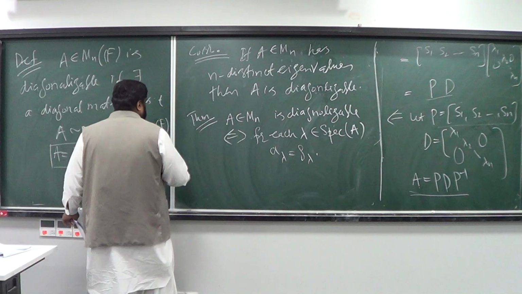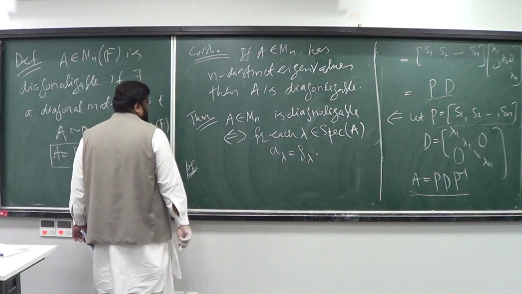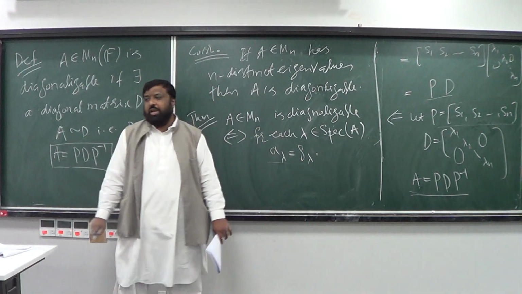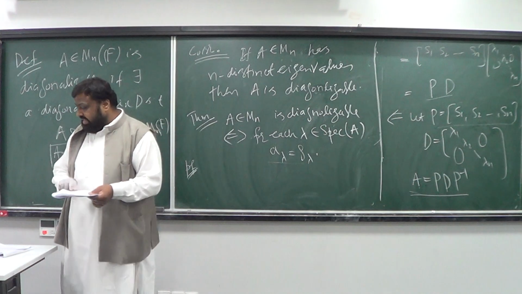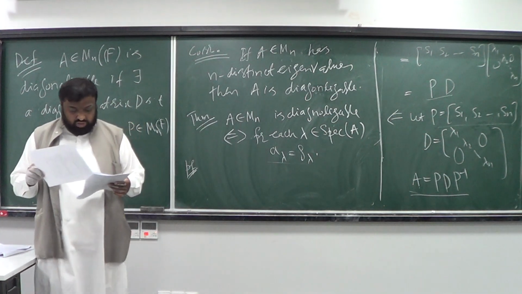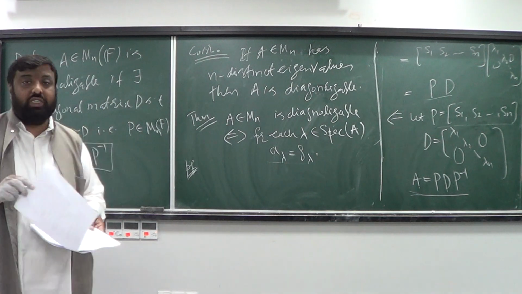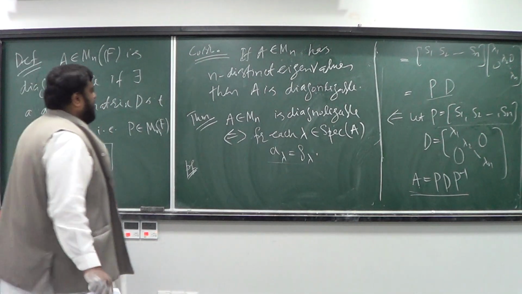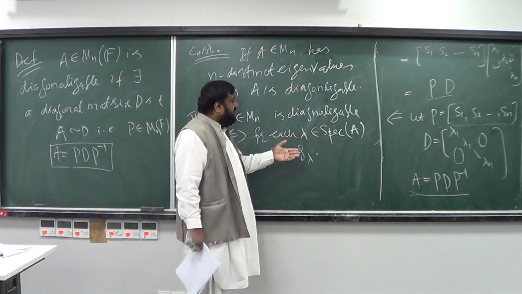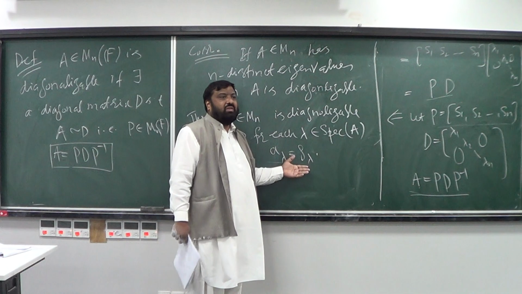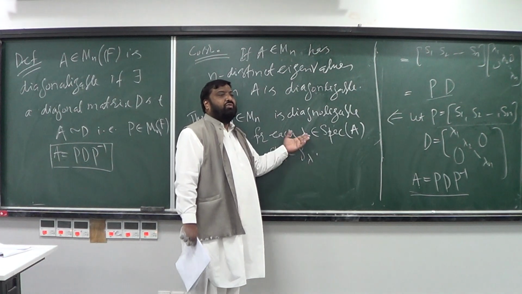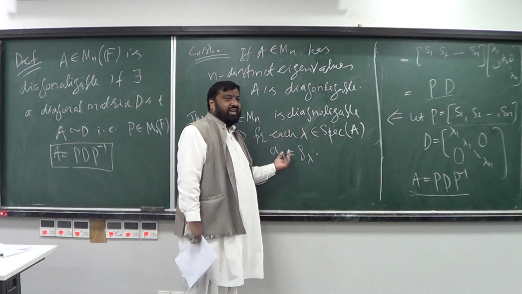So what is the proof? By the way, the converse we have already done. Why? Because we proved the result that if A is a matrix for which the algebraic multiplicity is equal to the geometric multiplicity, then the eigenvectors of A are going to form a basis for Fn.